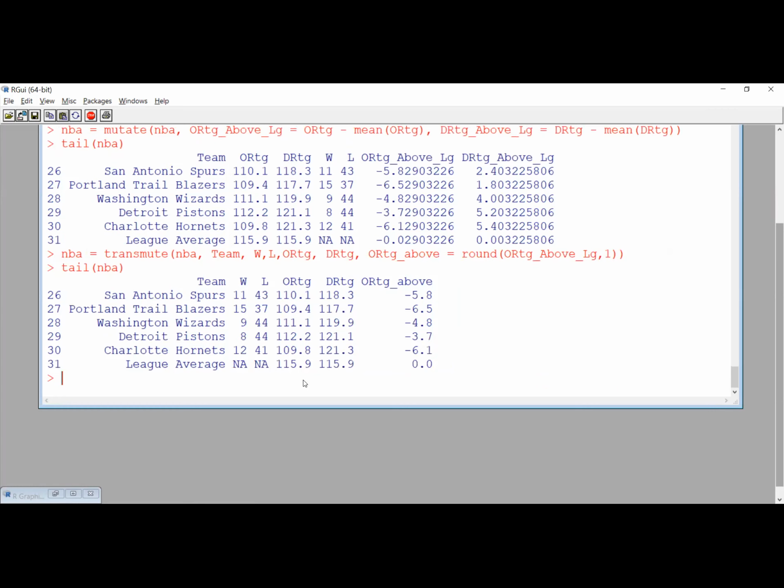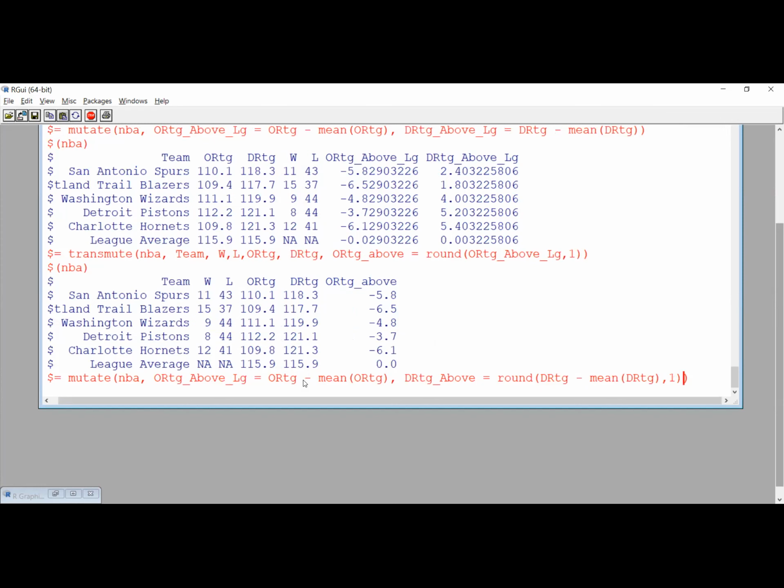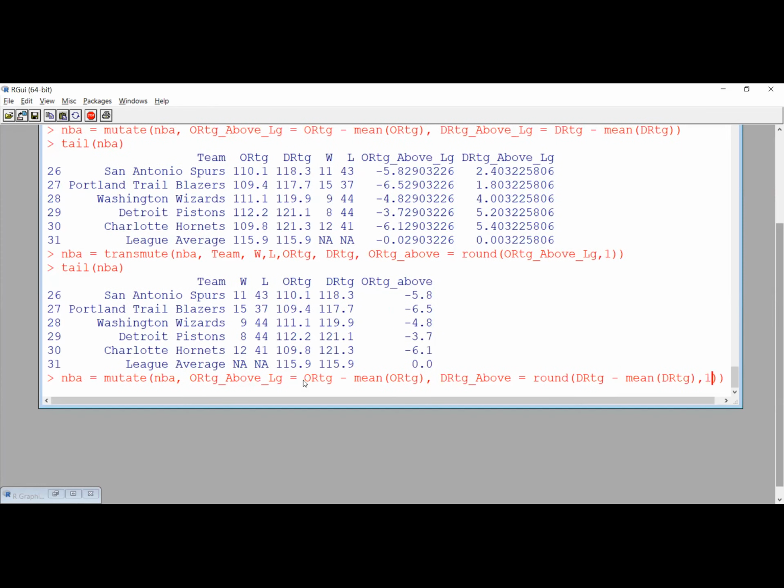Okay, and now to do the defensive, I'm just going to go back to here and make sure I round this first and change the name. Defensive rating above, yeah. So a minus would be good here. And round this to 1. And I'm just adding this to the end of the table, so I don't want to alter this.